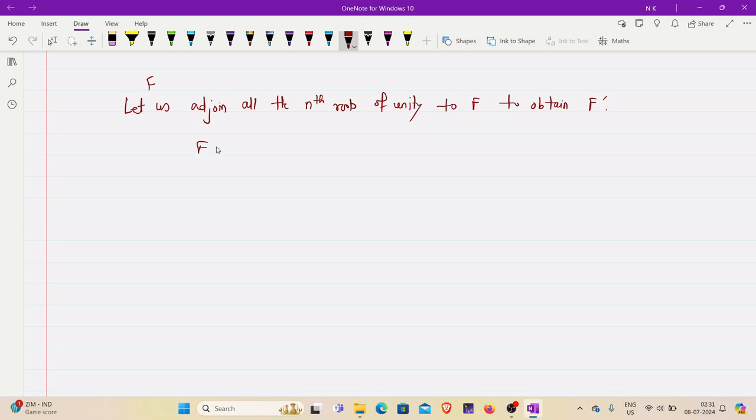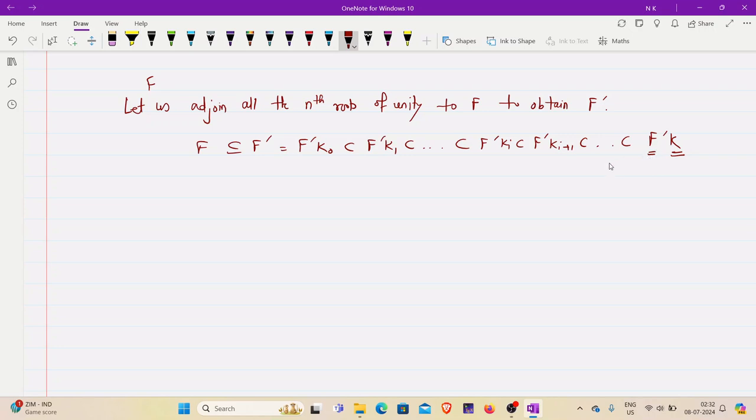So firstly we will have F. F is contained in F dash, because F dash is a field obtained from F by attaching nth roots of unity. So that will be equal to F dash K naught. Then it is contained in F dash K1. We are taking the composite of F dash with each and every one of these subfields. Then F dash Ki is contained in F dash K(i+1), and so on, finally F dash K. Now K is a Galois extension, F dash is also a Galois extension, so the composite of Galois extensions is a Galois extension.